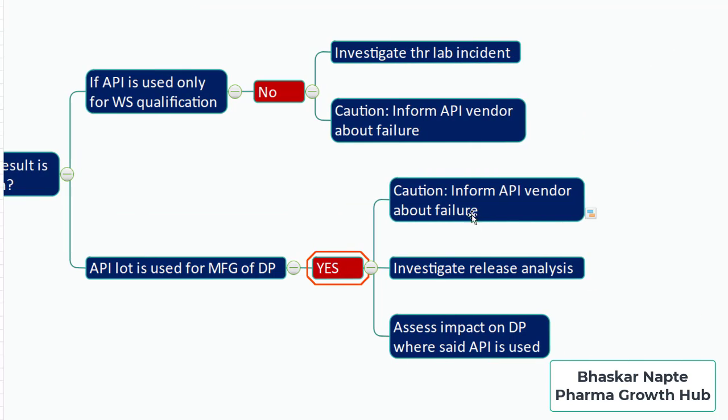So again, inform the API vendor, and investigate the release analysis for the API if it was released earlier. Of course, because it has been used for the manufacturing of the drug product, this lot must have been analyzed earlier. And don't forget to assess the impact on the drug product's quality. So these are the three important points.